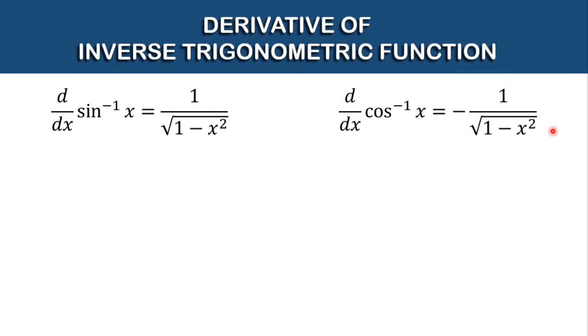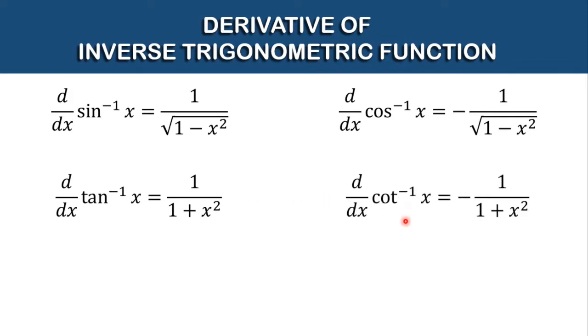Let's have the next one. The derivative of arctangent of x is equal to 1 over 1 plus x squared. The next is the derivative of arccotangent of x. This is equal to negative 1 over 1 plus x squared. So ano yung mapapansin nyo dun sa dalawa?